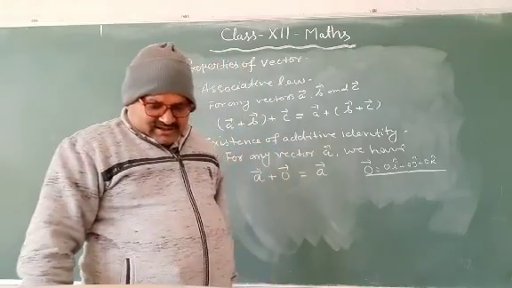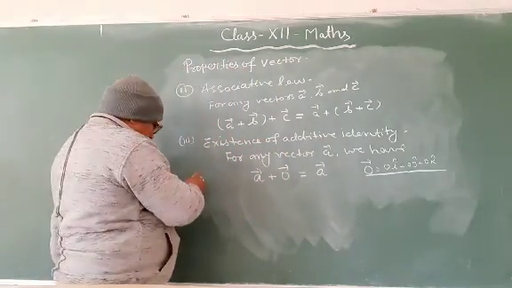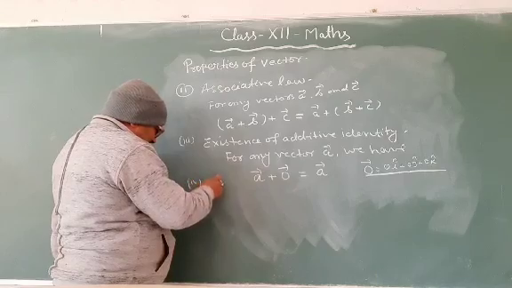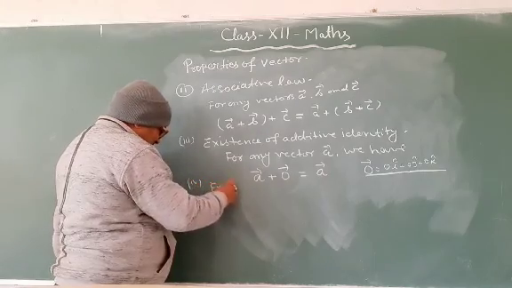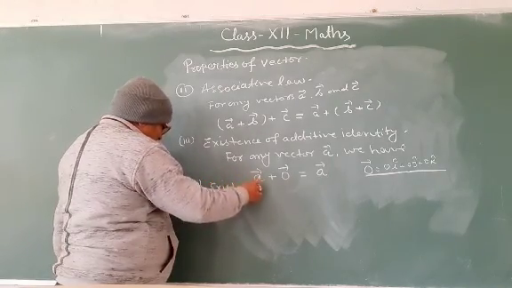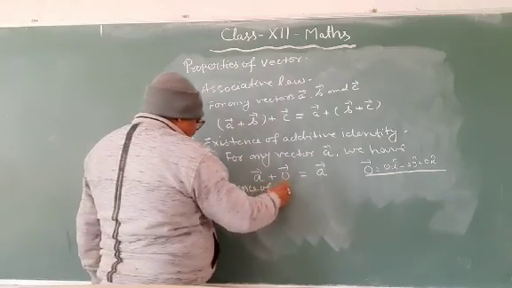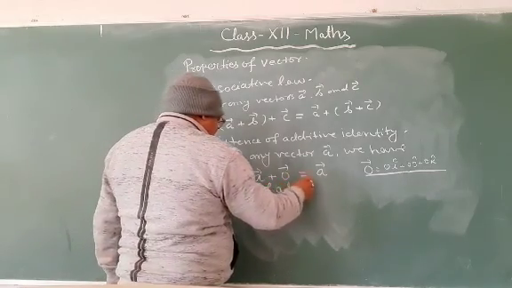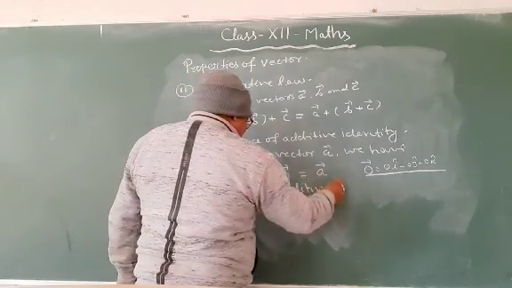Now next is property number 4, existence of additive inverse.